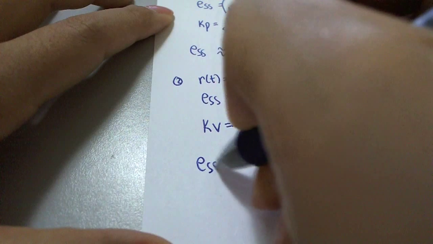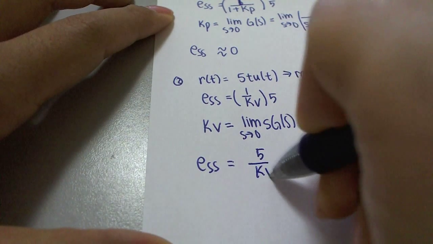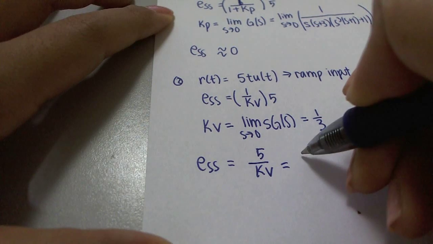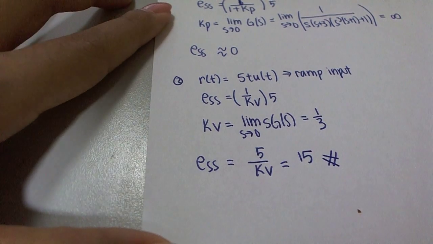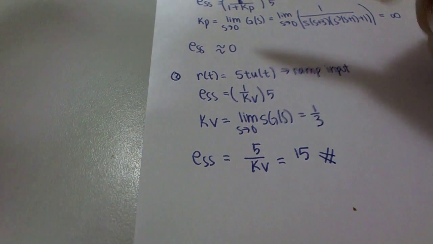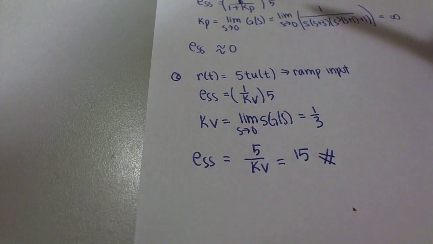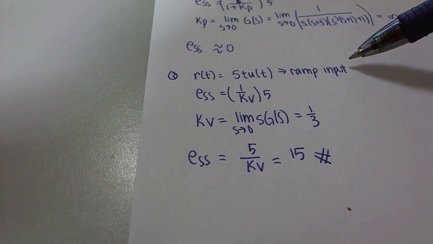And so the steady state error is 5 over Kv, and that equals 15. So we get the steady state error equal to 0 for the step input and steady state error equal to 15 for the ramp input.